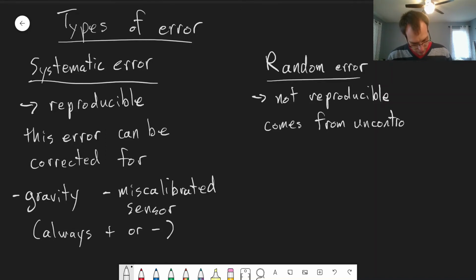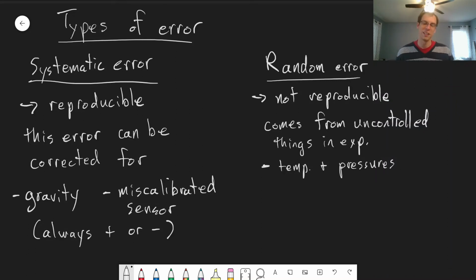Some of the things that we often don't control about an experiment that may affect our measurements are changes in temperature or pressure, which could lead to things like expansion and contraction of metals or glasses that slightly change volumes. Also electrical noise from other pieces of equipment, or the power in the building, or noise spikes. These are things that you can't really correct for.